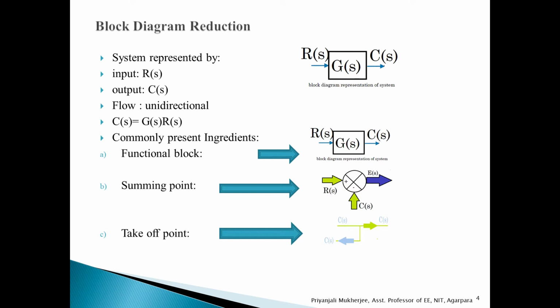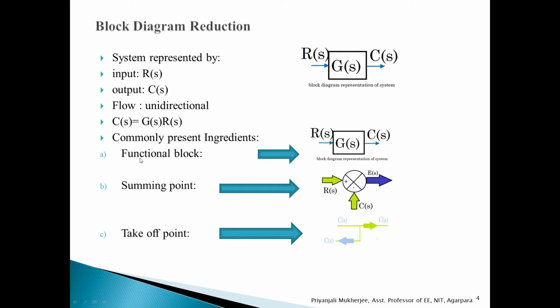These blocks can be interconnected in a manner directed by the equations, and the equations solved by manipulating the block diagram. The arrows show that the flow of the signals is unidirectional. That means generally it flows from source to the output.